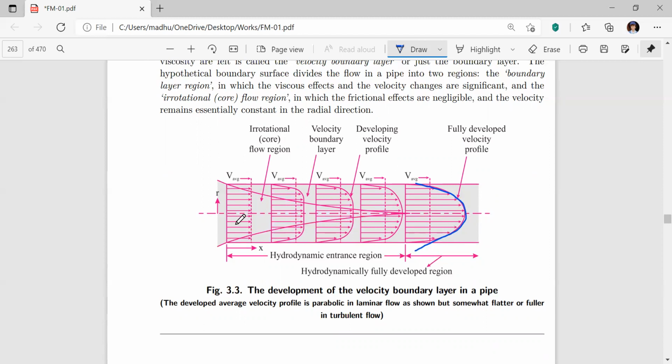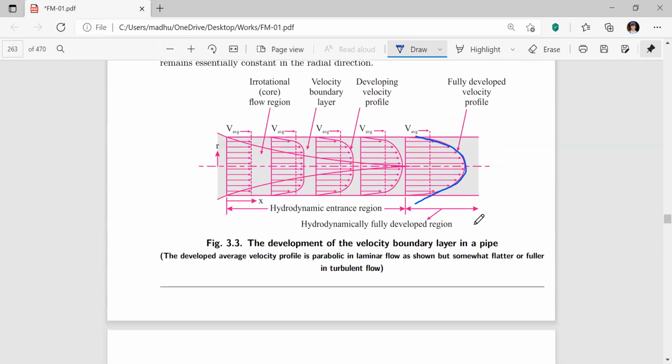From the irrotational core flow region to the fully developed velocity profile region, it is called the hydrodynamic entry region. After this hydrodynamic entry region, where the fully developed velocity profile passes, is called the hydrodynamically fully developed region.